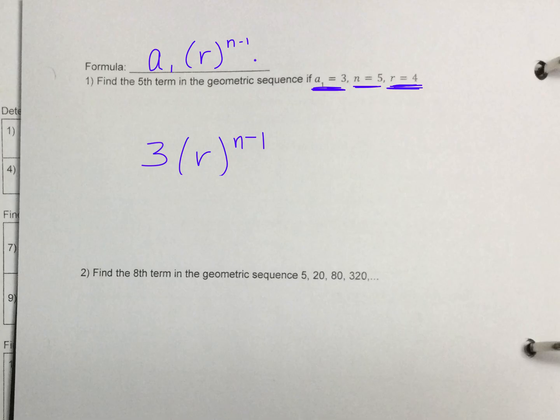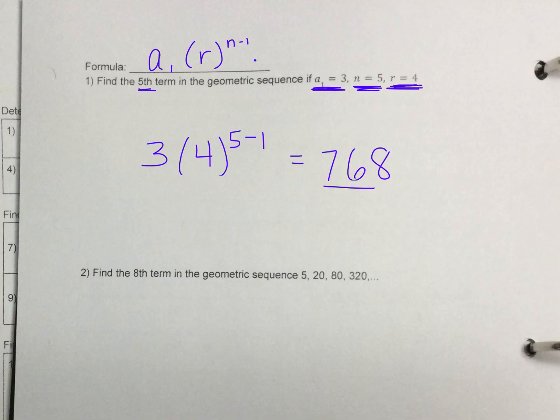I'm going to erase the R and put in a 4. And then the N is 5. So let's erase the N and put in a 5. When you type that in your calculator, you will get 768. So the 5th term in this sequence would be 768. Because we are multiplying, your answers are usually very big numbers.